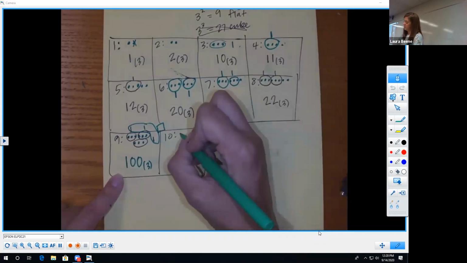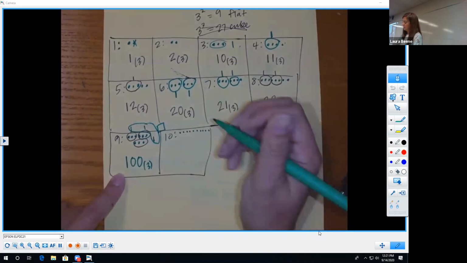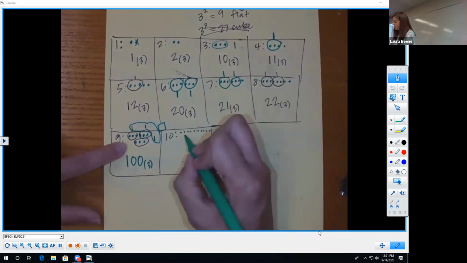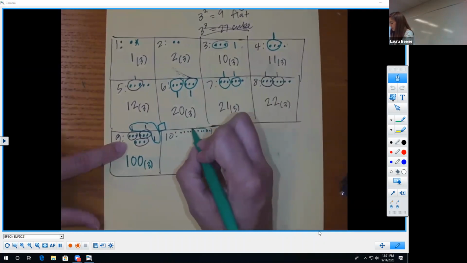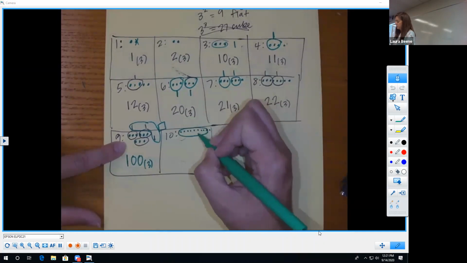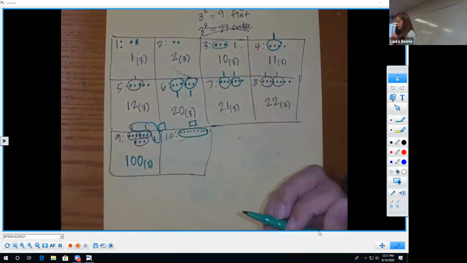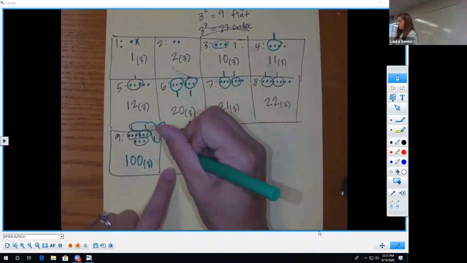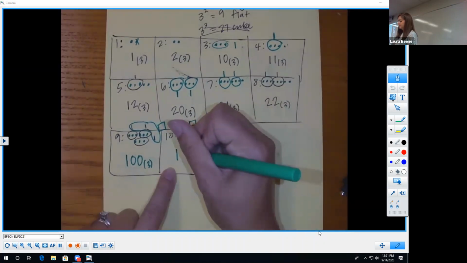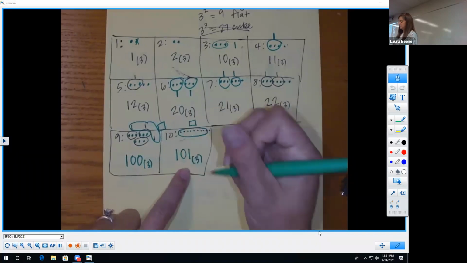And then 10 would be 1, 2, 3, 4, 5, 6, 7, 8, 9, 10. We just did 9. We know that 9 units is a flat. 3 make a long, 3 make a long, 3 make a long, 3 longs now make a flat, and then I have 1 unit left over. So it is 1 flat, 0 longs, 1 unit in base 3.